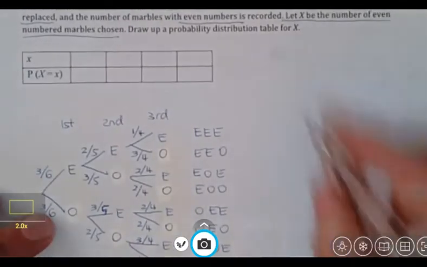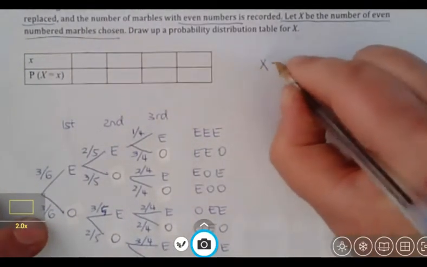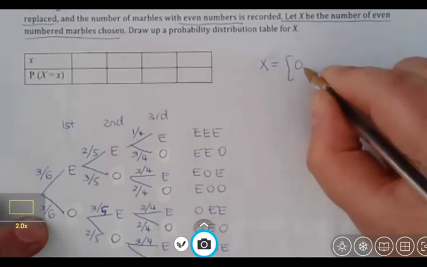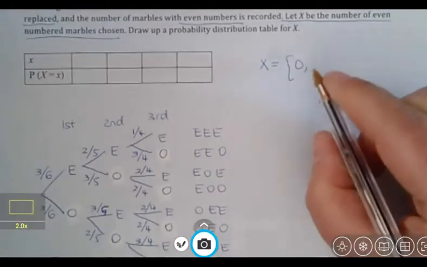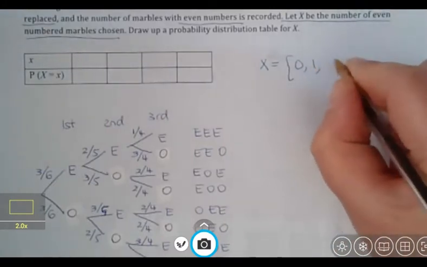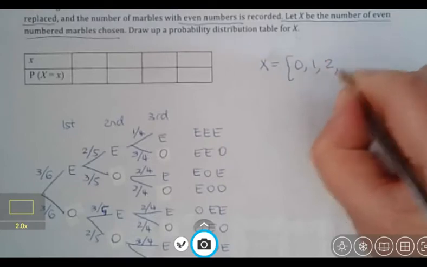So you can see here our outcomes consist of 0, we could have 1 even numbered marble chosen, 2 or 3.